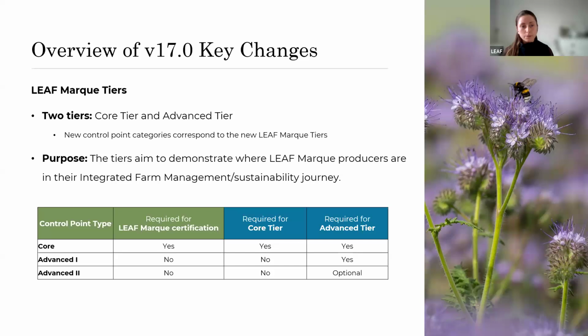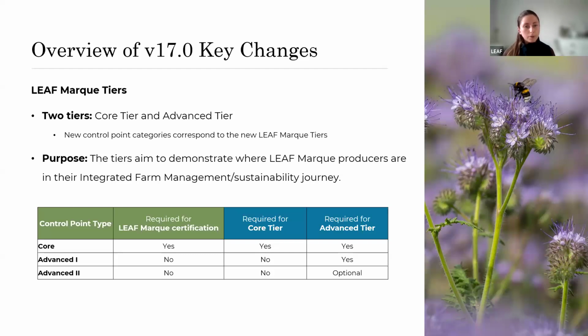The purpose of this is really to demonstrate where LeafMark producers are in their integrated farm management journey and sustainability journey, and to recognize that producers are at different stages in that journey. So by having core and advanced criteria and tiers, producers will be able to demonstrate where they are in their journey, either within different sections of the standard or across the standard as a whole.